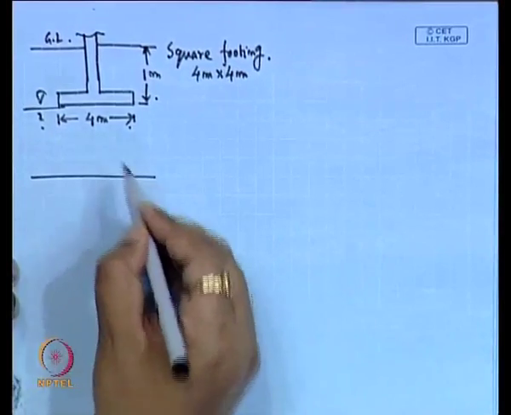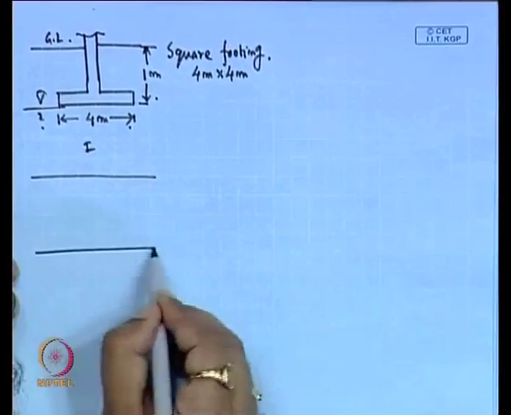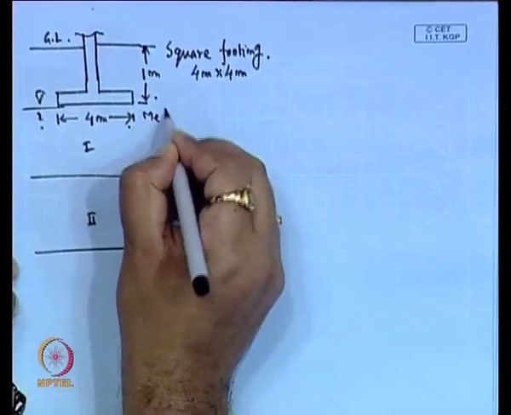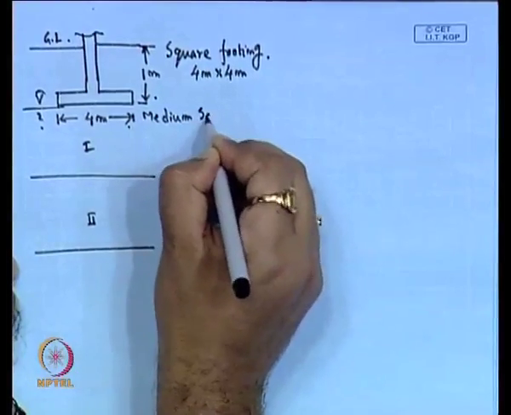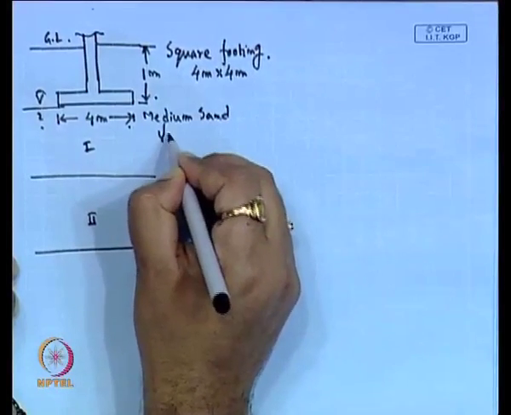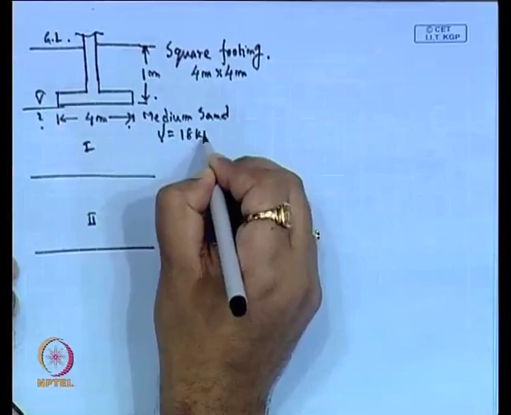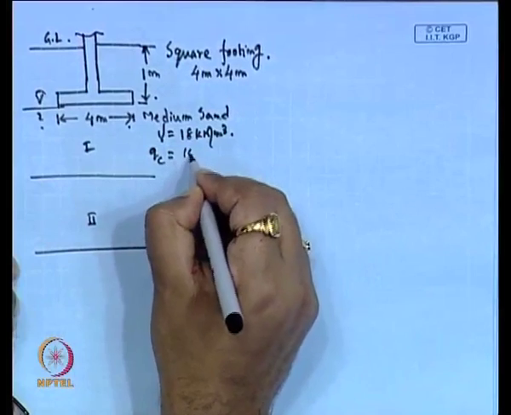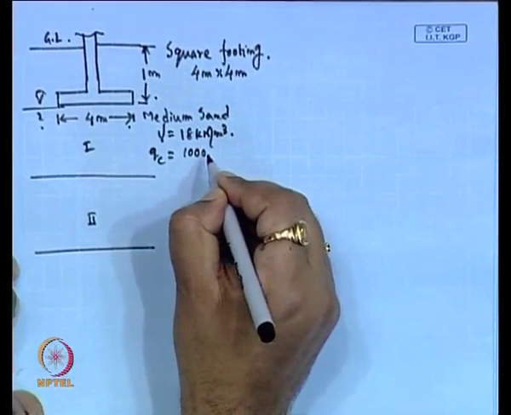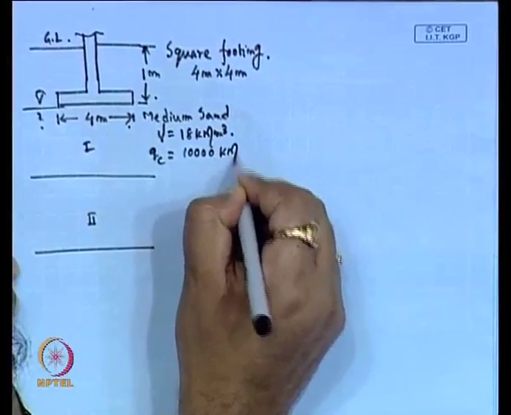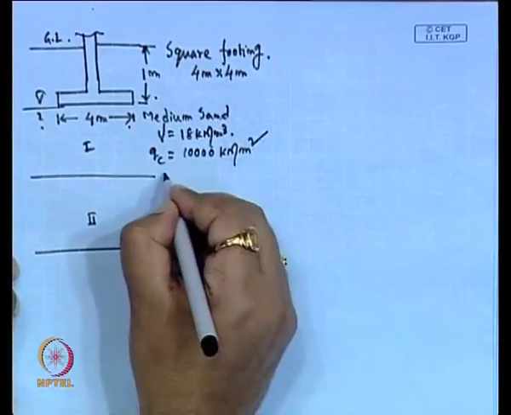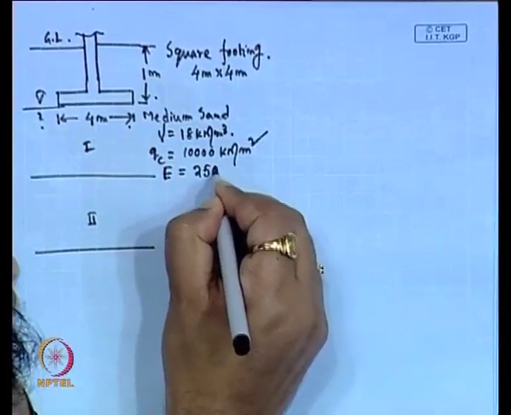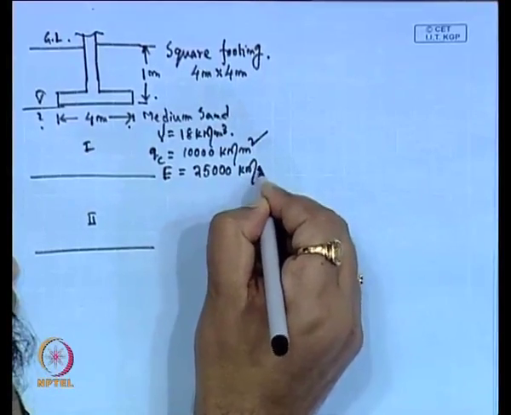This is layer 1 and this is layer 2. For the medium sand, gamma we are taking 18 kilonewton per meter cube, QC value 10,000 kilonewton per meter square, and E value for the first layer is 25,000 kilonewton per meter square.